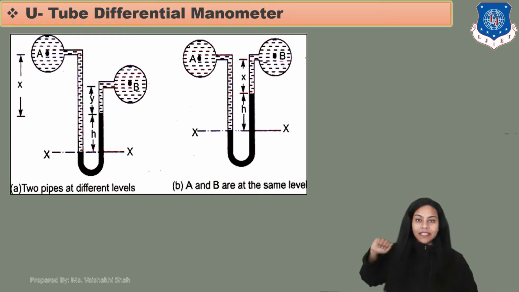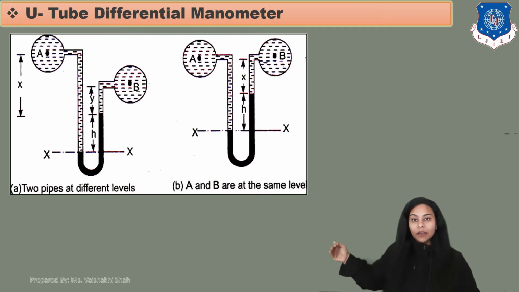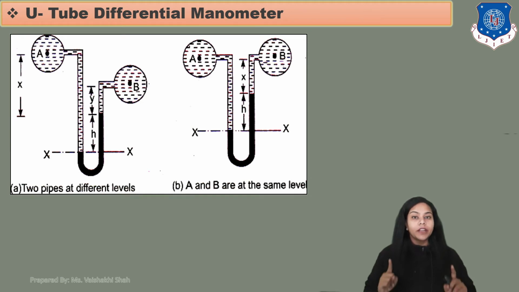Now as you can see at the bottom, indicated with dark black color, below the XX axis we filled mercury as a manometric fluid.